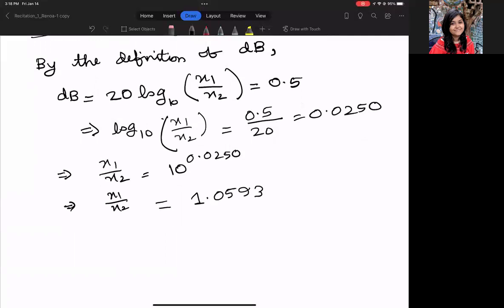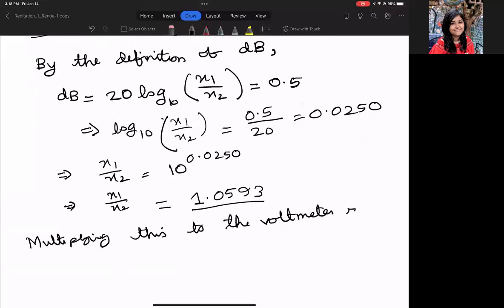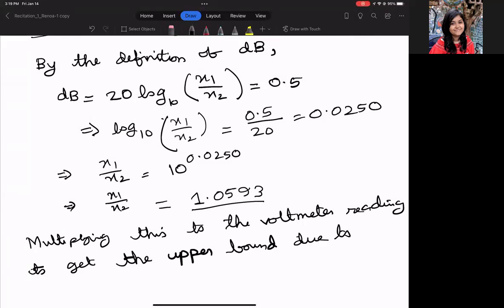Now, we're going to multiply this to the voltmeter reading to get the upper bound due to error.